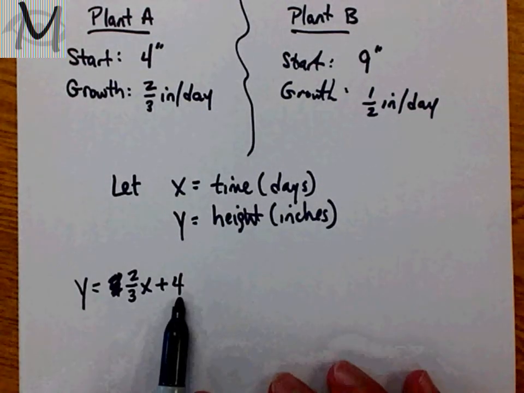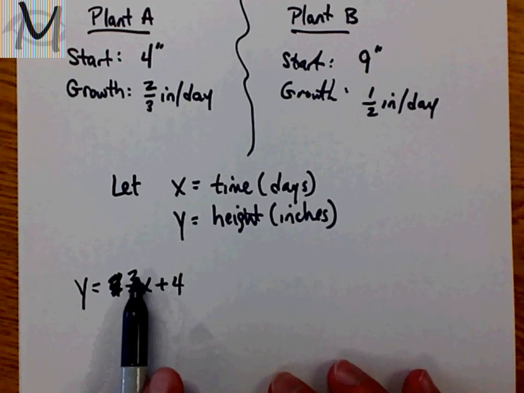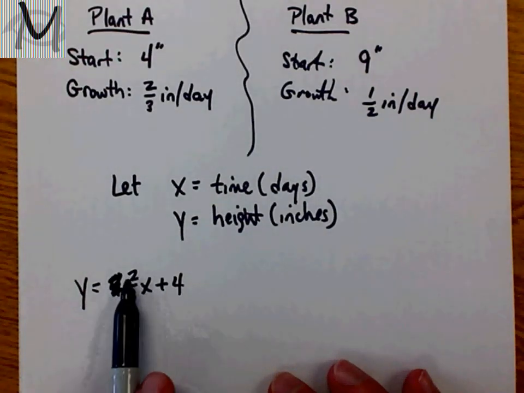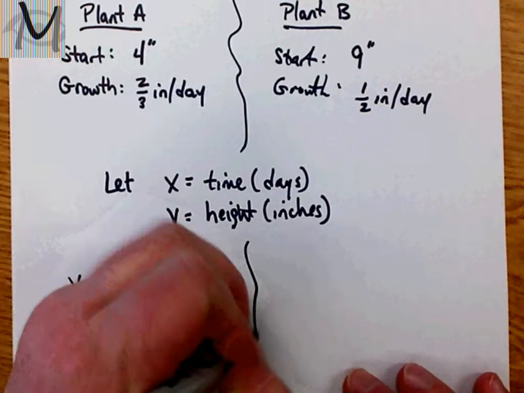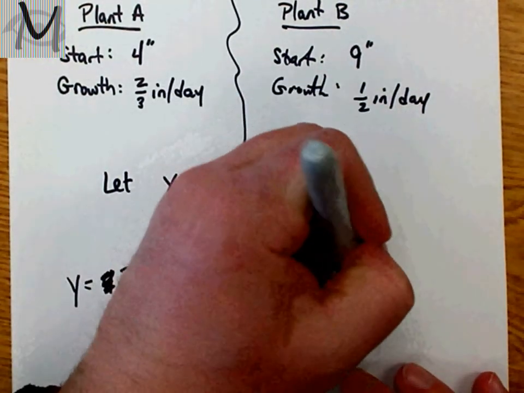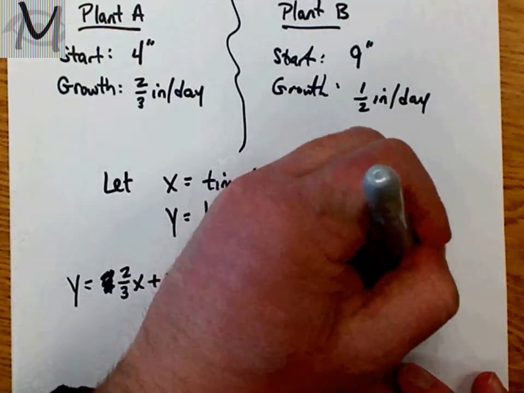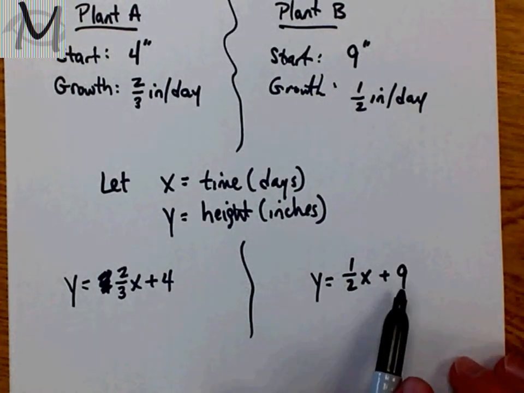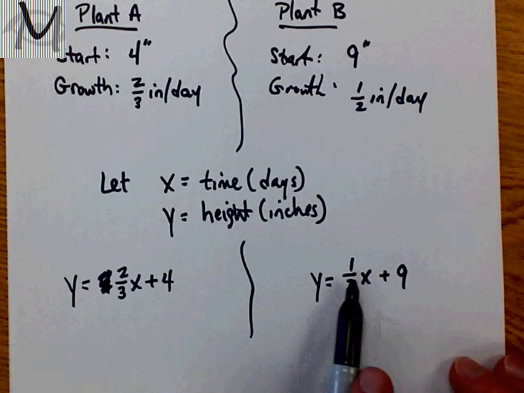It starts out 4 inches tall and it's gaining 2/3 of an inch per day. Plant B is y equals 1/2 x plus 9. Starts out 9 inches tall and it's growing at a 1/2 inch per day.